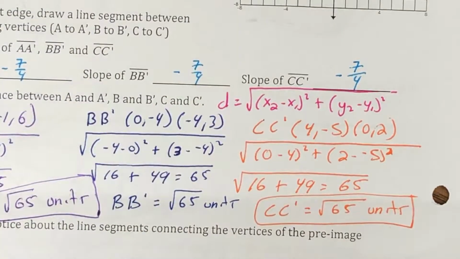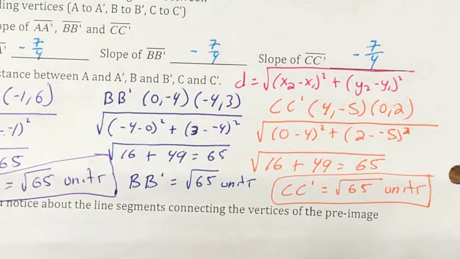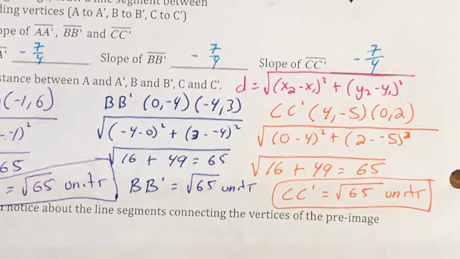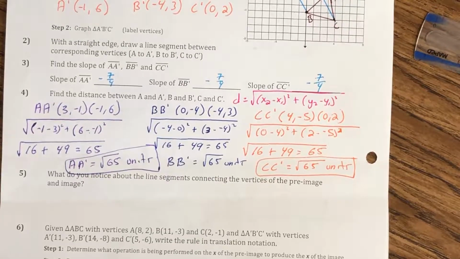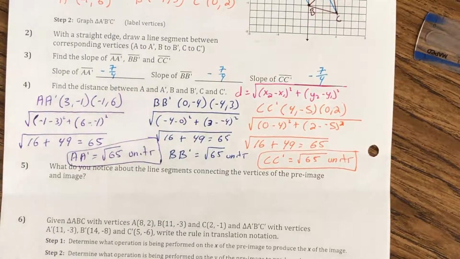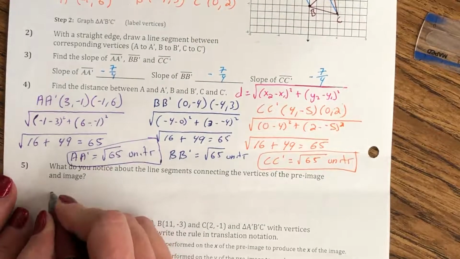Okay, so what do we know about the line segments connecting the vertices of the preimage to the image? Well, first of all, there's two things that we have here.